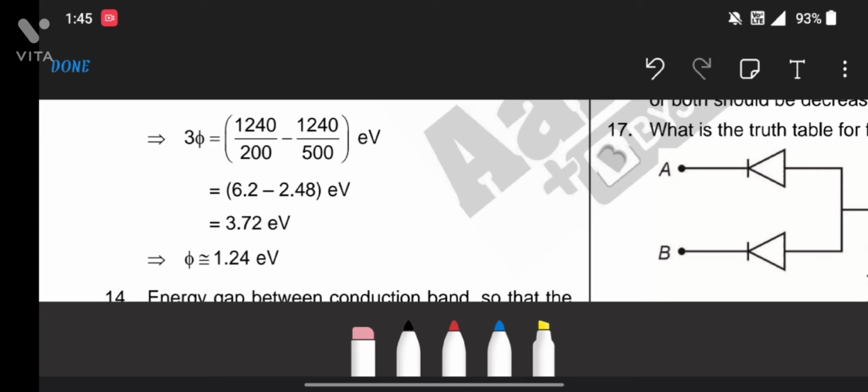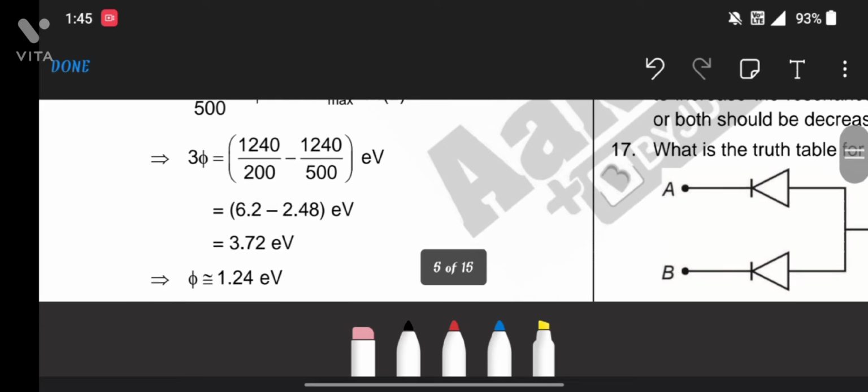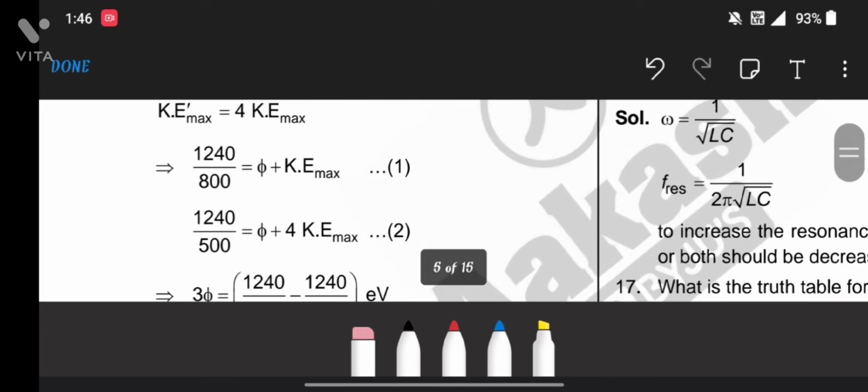If we divide 3.72 electron volt by 3, we get 1.24 electron volt, right? So 1.24 electron volt is the correct answer for question number 13.